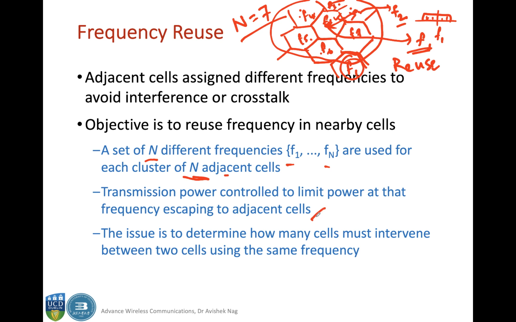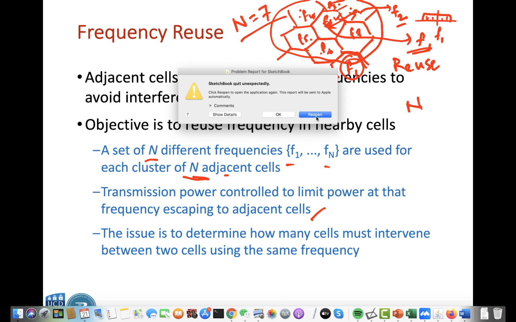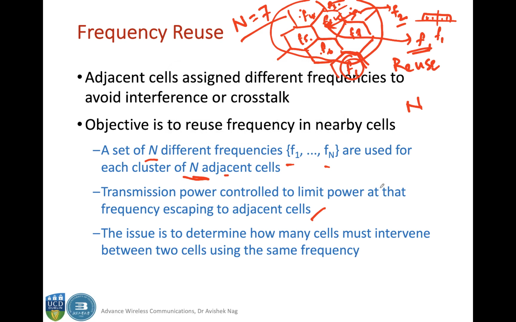The issue is to determine how many cells must intervene between two cells using the same frequency. So what could be a number n, it can be any pattern. So here we have shown an example of n equal to 7. That is determined by how much you can control your transmission power, so that you can limit the power that is escaping to adjacent cells, and how many cells must intervene between two cells using the same frequency.